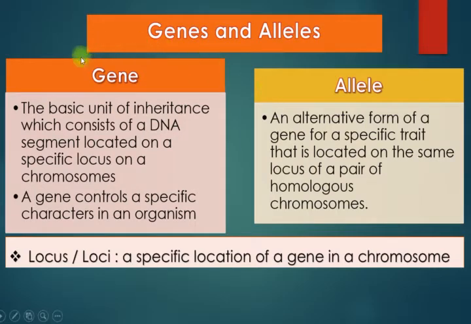So we go back to the definition of genes and alleles. What is the meaning of a gene? A gene is the basic unit of inheritance which consists of a DNA segment located on a specific locus on a chromosome.